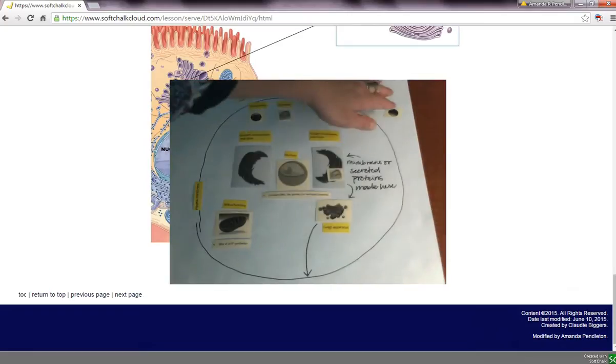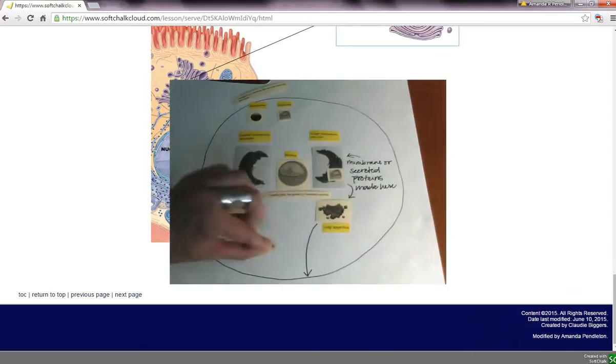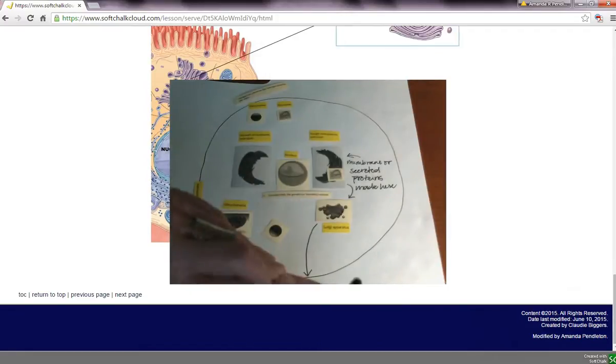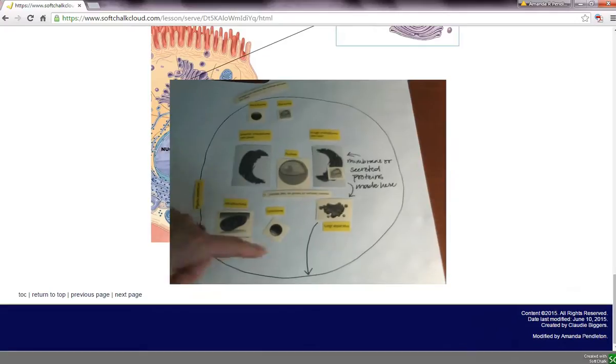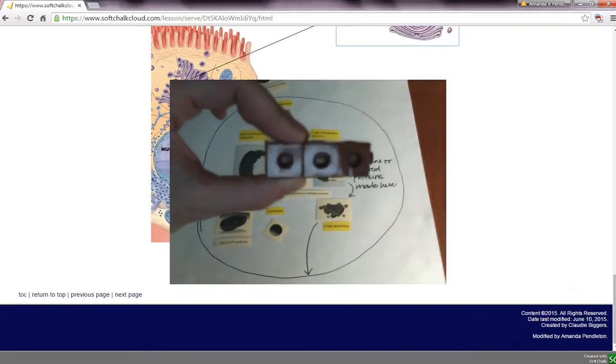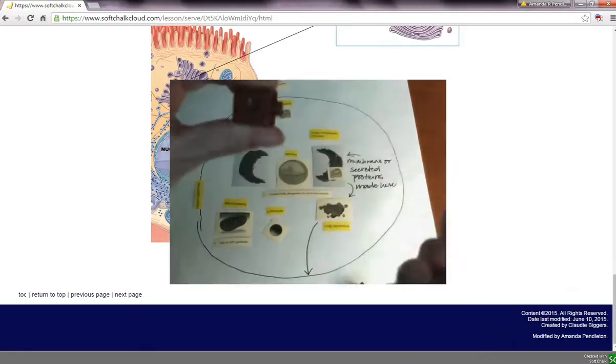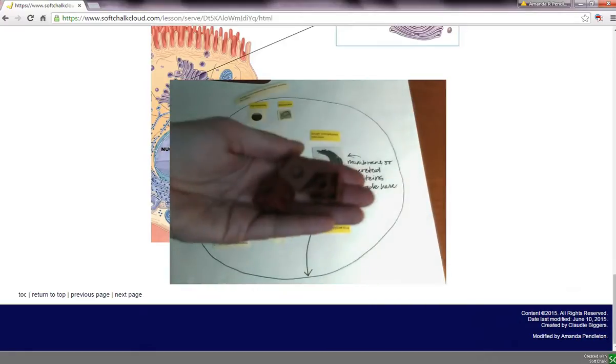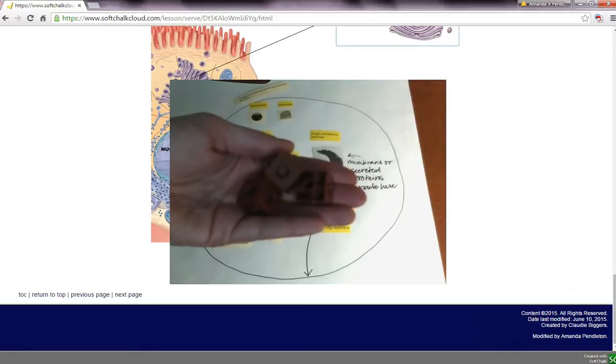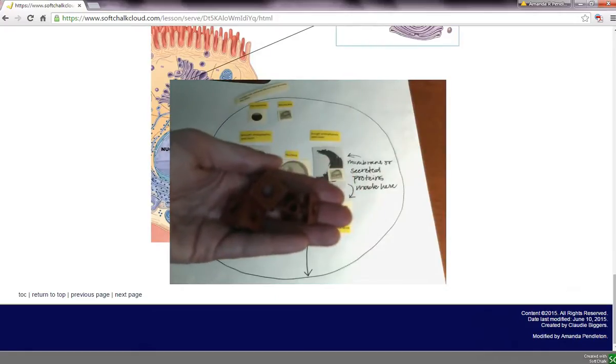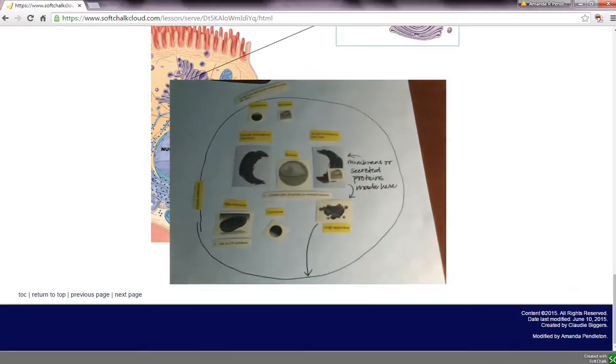Okay, this other circle here is what's called a lysosome. And basically, the lysosome is a big recycling factory. It's going to take those polymers and anything that comes in there, it's going to break it up into monomers, and then these monomers can be recycled and used in other places in the cell.